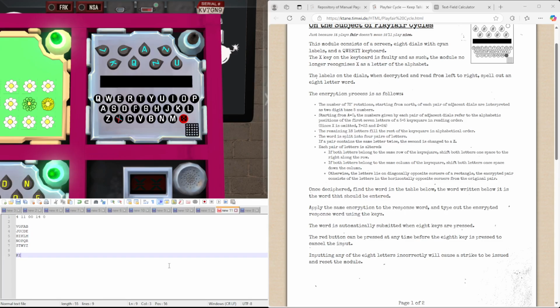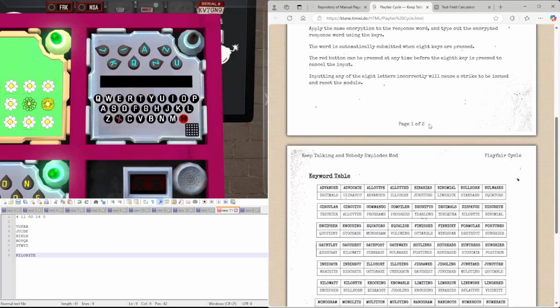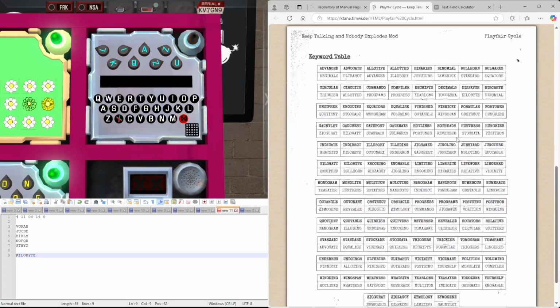So KI, IQ becomes LO, AZ becomes BY, ZU becomes TE, kilobyte. Kilobyte becomes bullhorn.